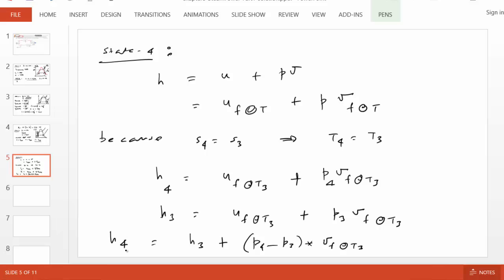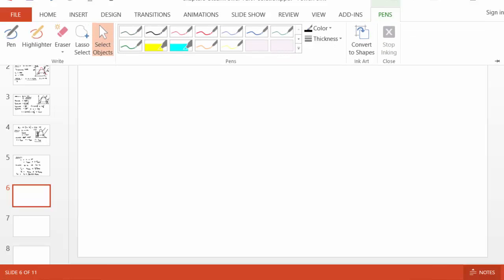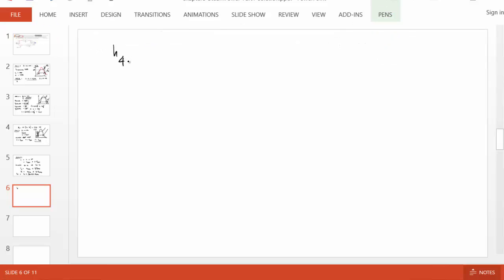So to complete the problem, we already know H3, we know P4 and P3. The pump raises the pressure from 100 to 4,000, and Vf at T3, that's the only number we need. So H4 is H3 plus pressure difference.